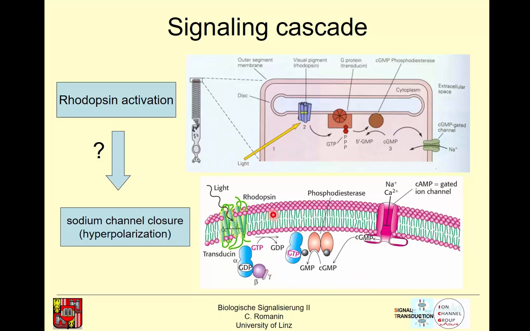But now, due to the activation of a G protein, an enzyme also gets activated, which hydrolyzes cyclic GMP to GMP. This leads to a decrease in the cyclic GMP concentration, which in turn leads to a dissociation of cyclic GMP from the channel, and then leads to channel closure.